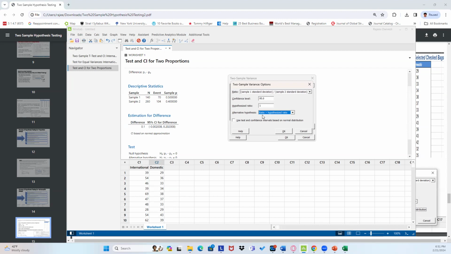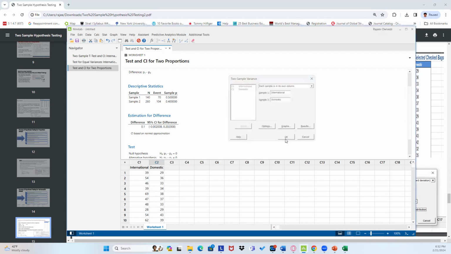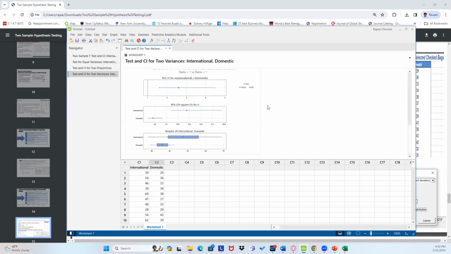Why? Because if international is bigger and domestic is lower, then the ratio will be greater than 1 only. So if I use the normal distribution option, what do we get here?